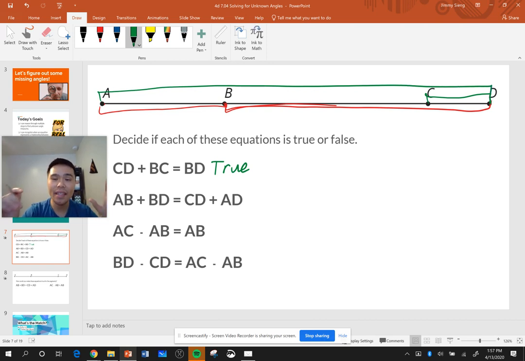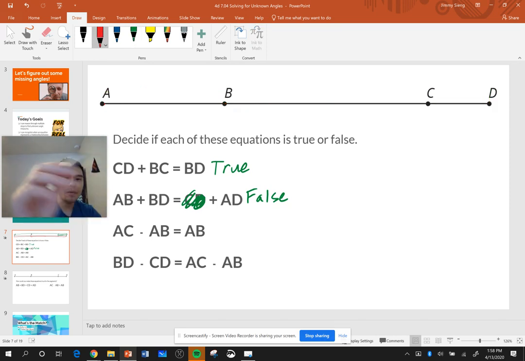Notice how AD is already that whole part, but CD is that little chunk right there. That little chunk tells us this is going to be false. If I was to fix this, AB plus BD actually gives me AD only, not that extra CD part, right? So that one is going to be false.